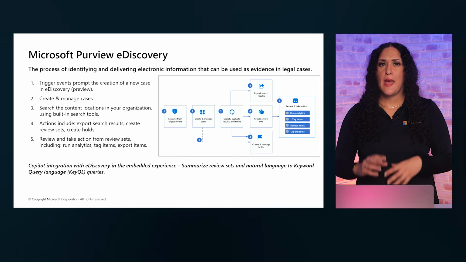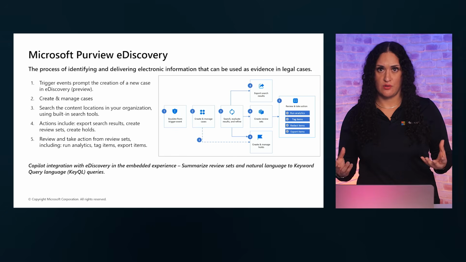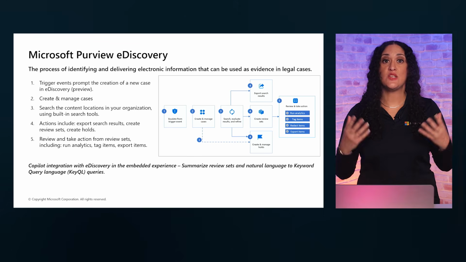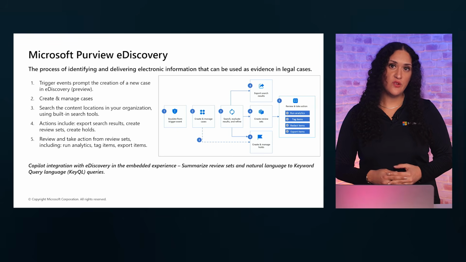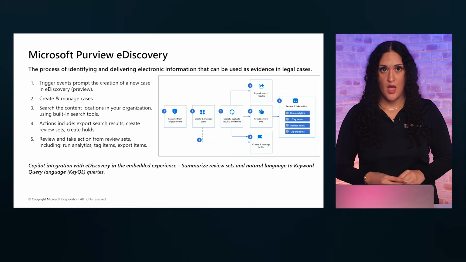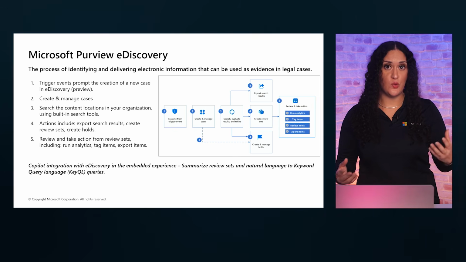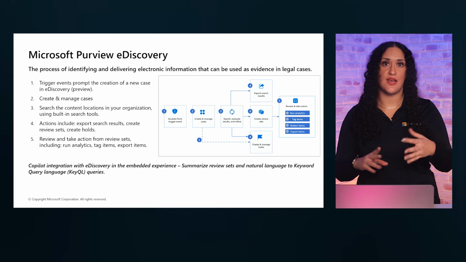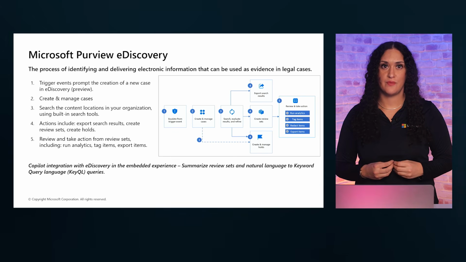For example, imagine a legal investigator creates an eDiscovery case to investigate a potential policy violation involving confidential information shared in Microsoft Teams and Exchange Online. So the search terms we search for are employee name, project code name, and keywords like confidential and pricing.